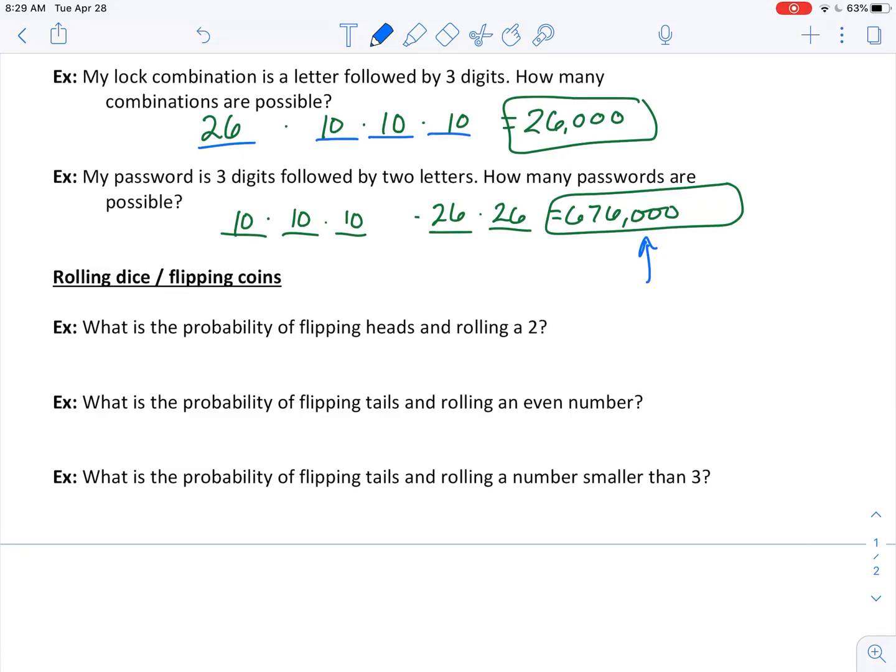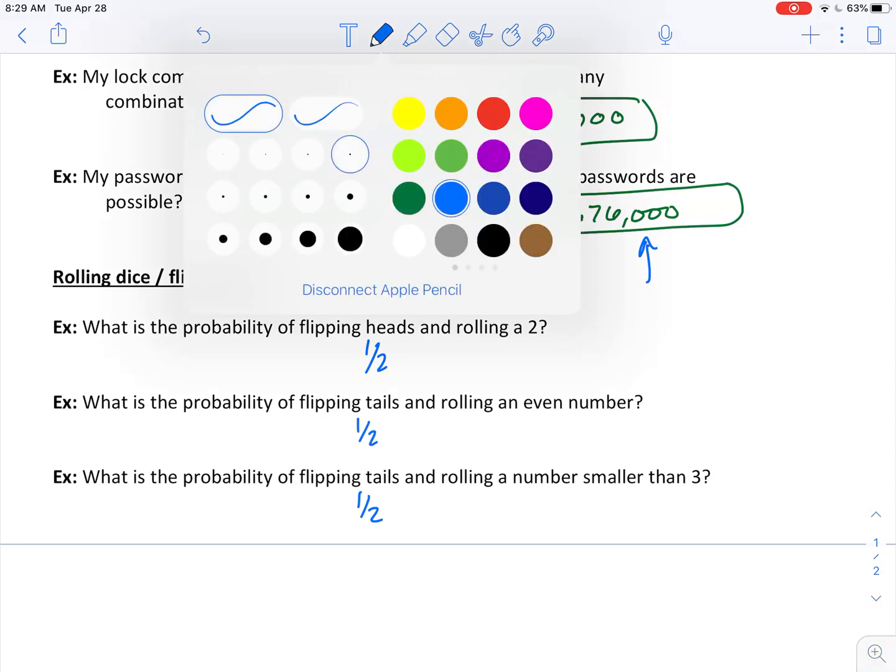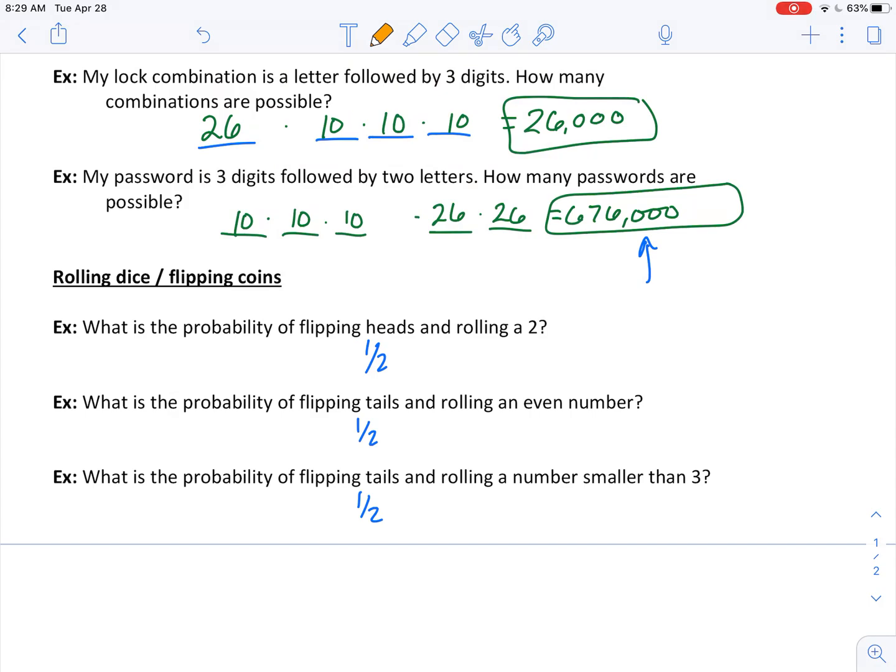Yeah, that's 2.7 million combinations, which is why a case-sensitive password, or a password where capitalization matters, makes a big difference. You go from 600,000 to almost 3 million.